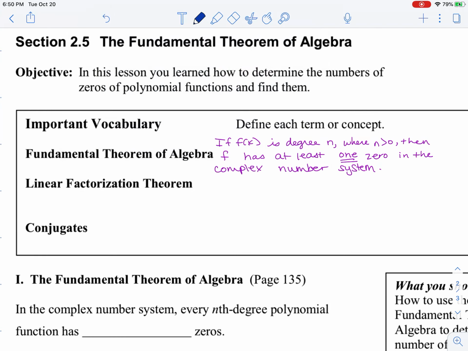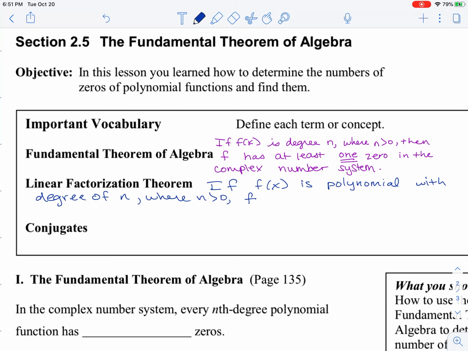And then our linear factorization theorem says this. If f of x is a polynomial with a degree of n, okay, so again, where n is greater than 0, then f has n number of factors, okay?